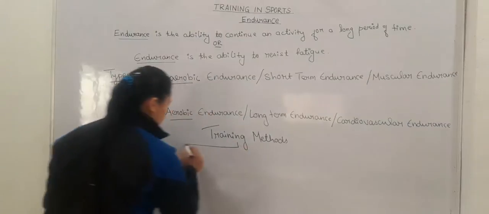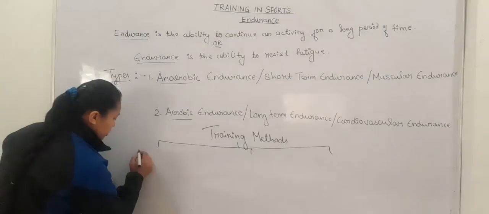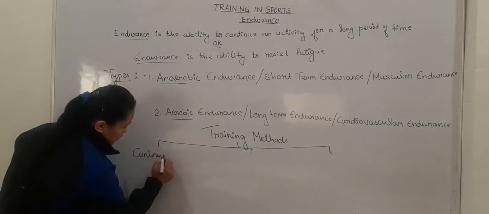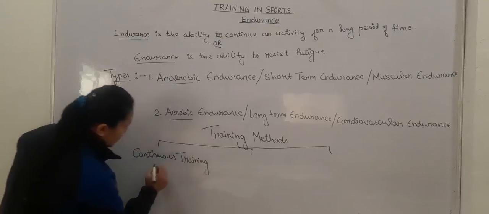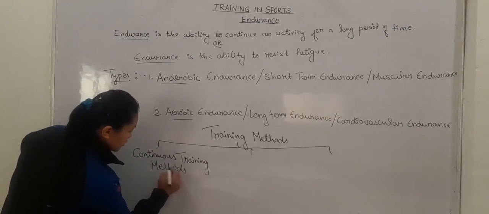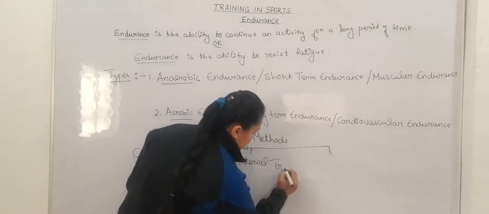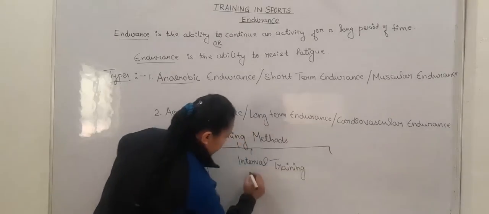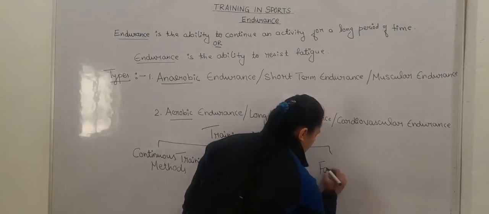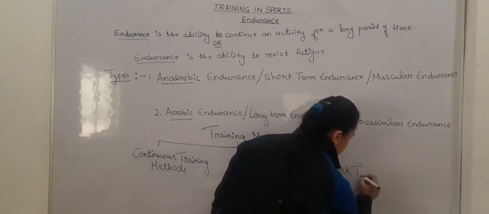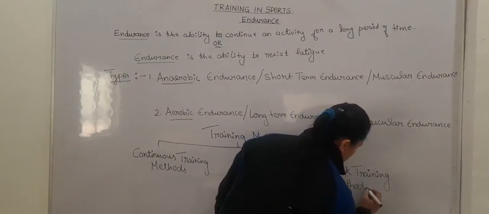There are three training methods through which we can develop our endurance: continuous training methods, interval training methods, and fartlek training methods.